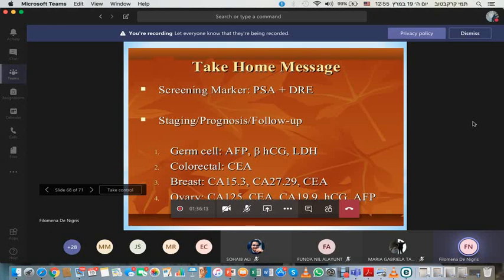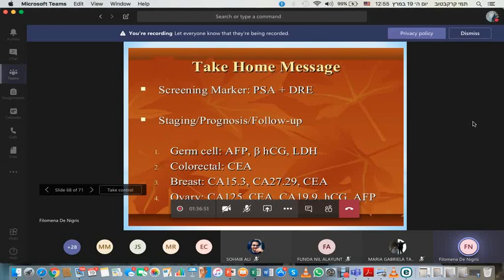We have only PSA at the moment as a screening marker before any clinical evidence, but it is not diagnostic; it depends on the level. If the level is at least 8 nanograms per ml of PSA, we can say for sure that the patient has a tumor. We have general markers for staging, prognosis, and follow-up. We have different kinds of markers depending on the tumor.